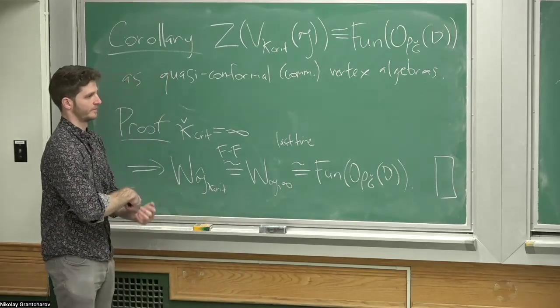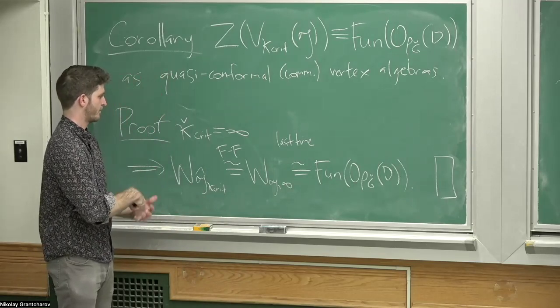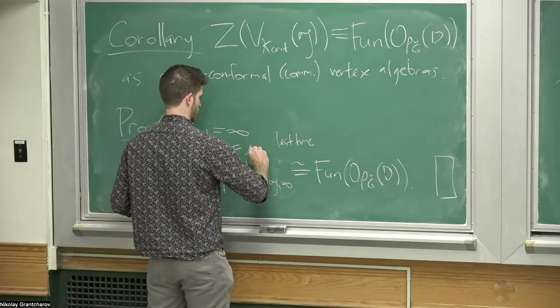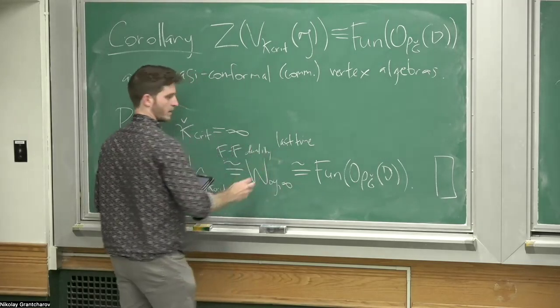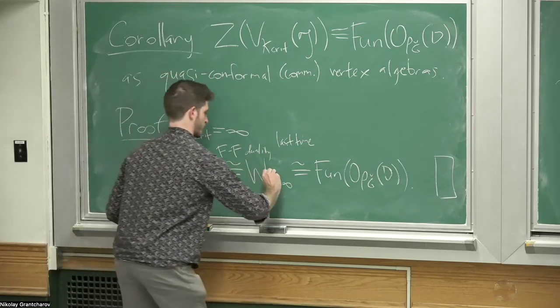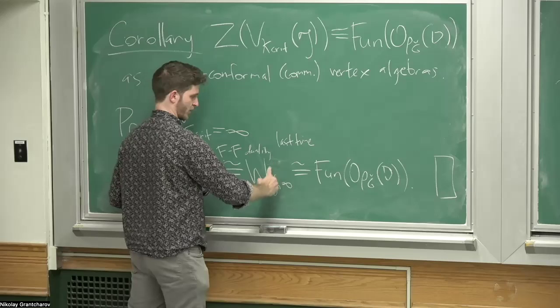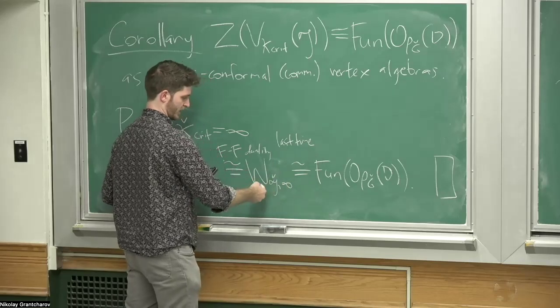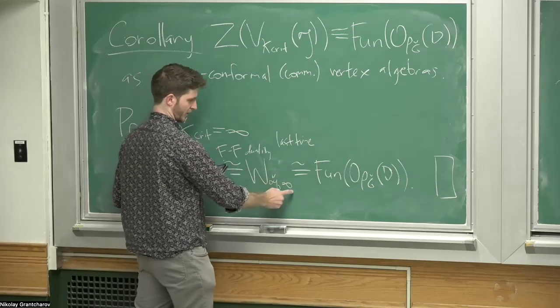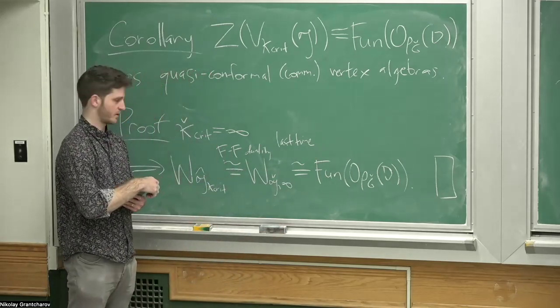Wait, the first isomorphism is Feigin-Frenkel duality? Yes, Feigin-Frenkel duality. I thought that was last time. Yeah, it was, so both of these are from last time. Feigin-Frenkel duality from last time, and then also in the course of that proof, there was this argument that the W algebra at level infinity naturally identifies with functions on regular opers.